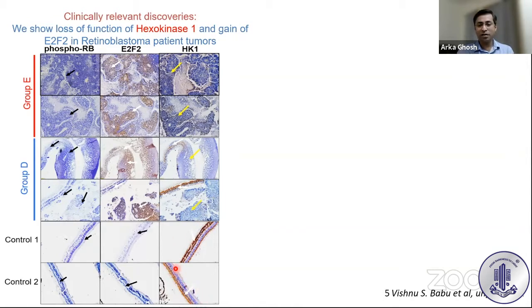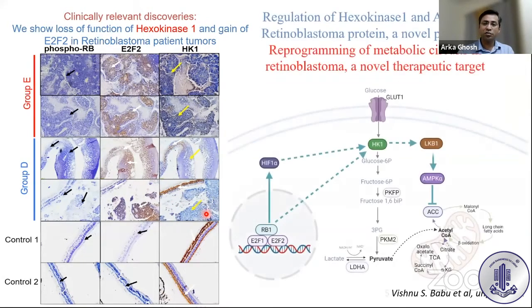But hexokinase 1, which is present in the healthy retina, is not present in the tumor tissue. And this is classic, where you can see that there is some healthy retina left in this eye, and that is staining properly for hexokinase, but the tumor tissue doesn't.